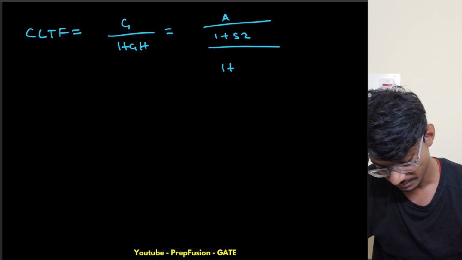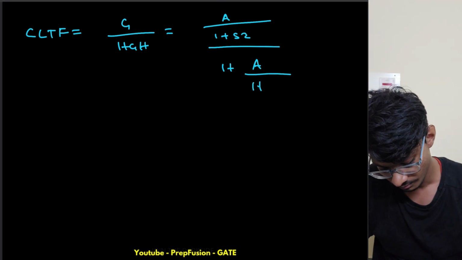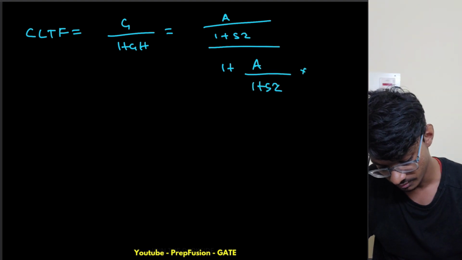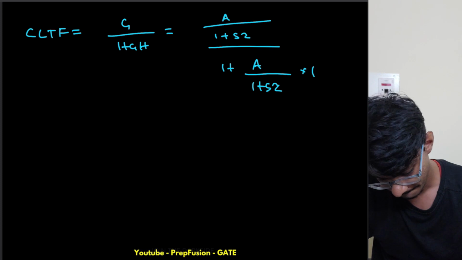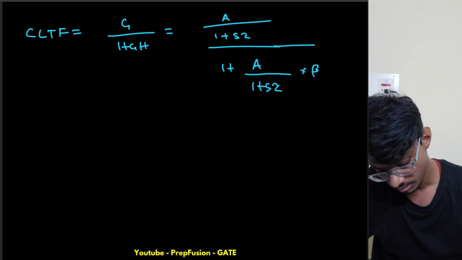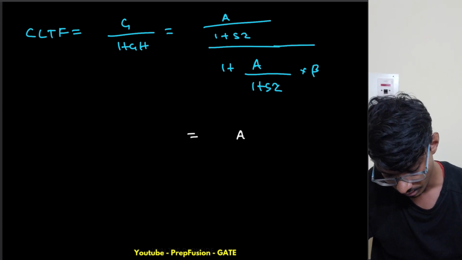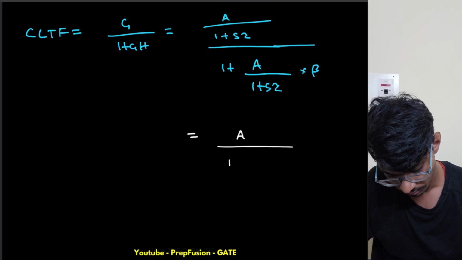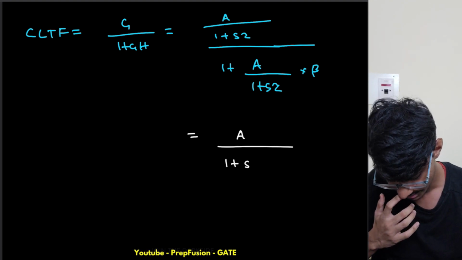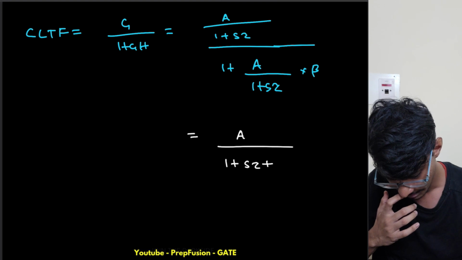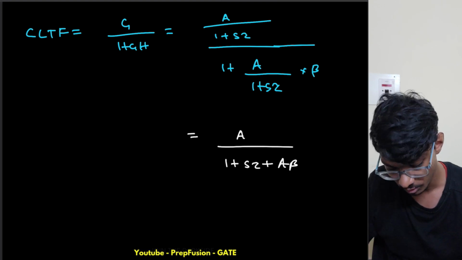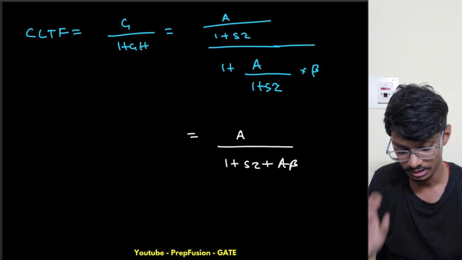So this is a by 1 plus s tau, times what is H, it is beta. Okay, so a upon 1 plus s tau plus a beta. What I will do now is take common a beta, right?